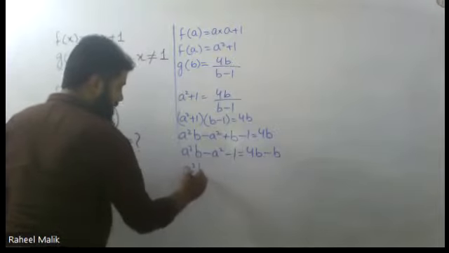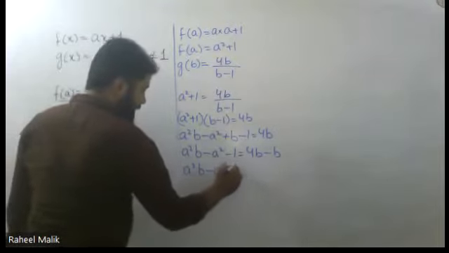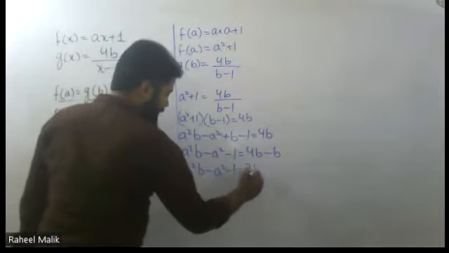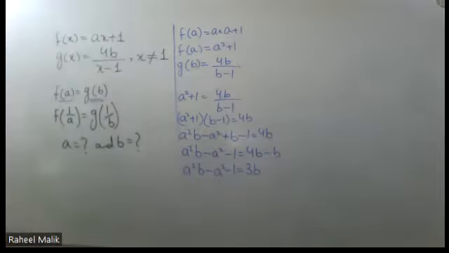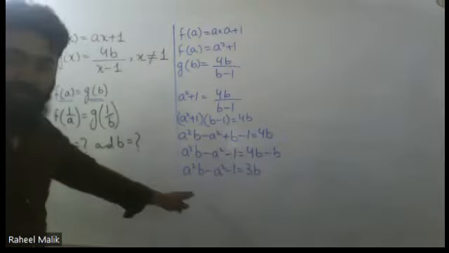So a square b minus a square minus 1 equals 3b, after shifting b over here. I'm not doing any further simplification here. I'm just leaving it like that.